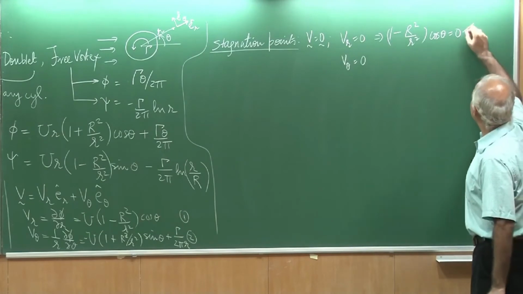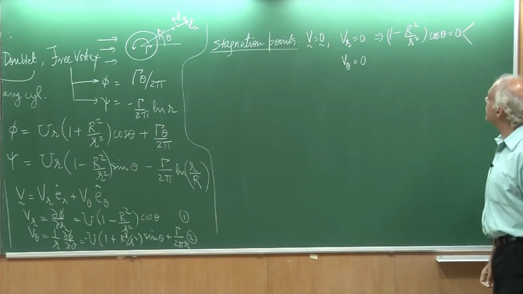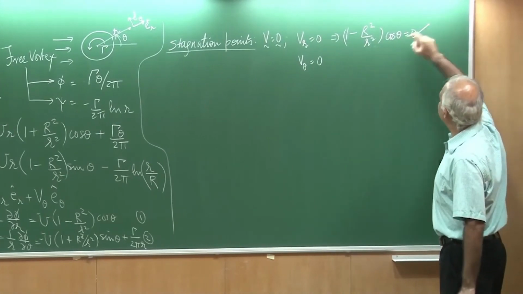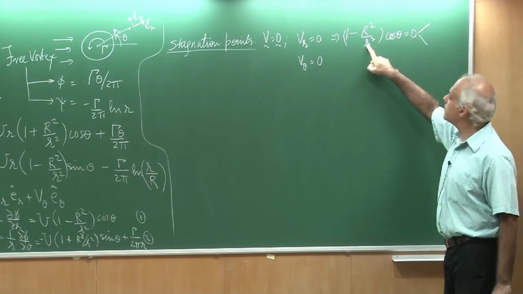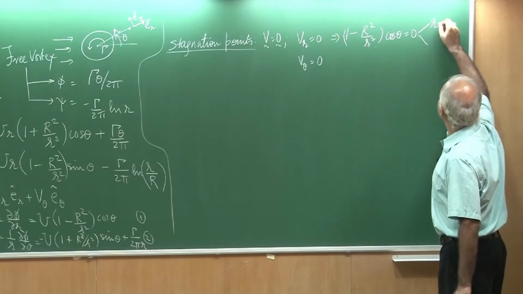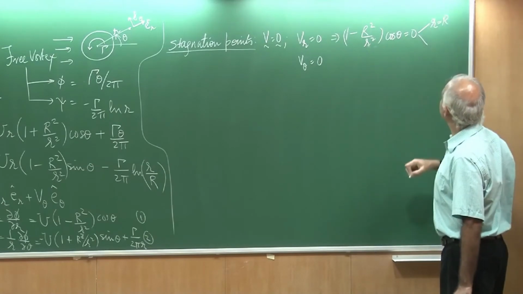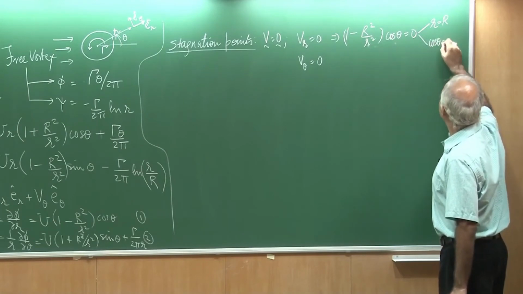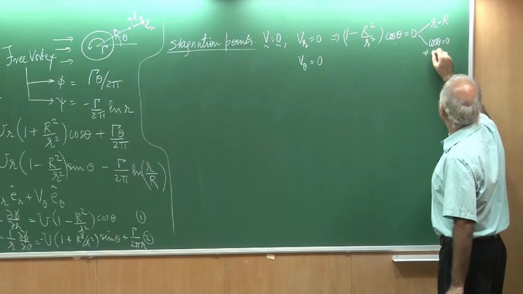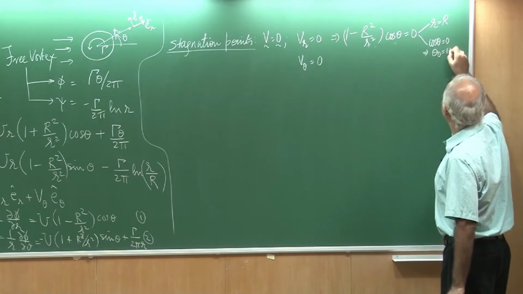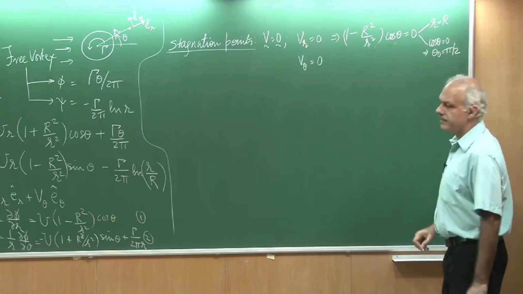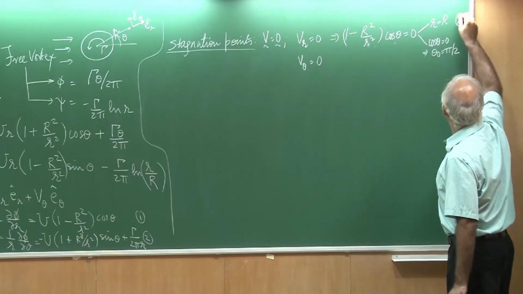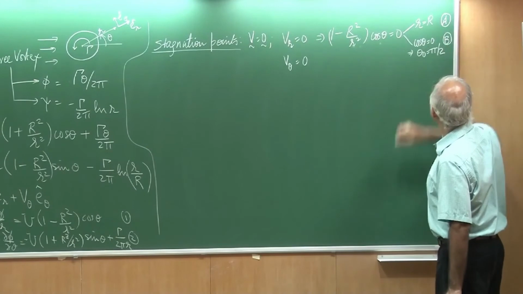This actually gives us two conditions. This equation can be satisfied either if I have a stagnation point lying on the surface of the cylinder, which would imply small r is equal to capital R, or my cosine theta is 0, which would imply that theta naught is pi by 2. Let us call this condition A and this B.